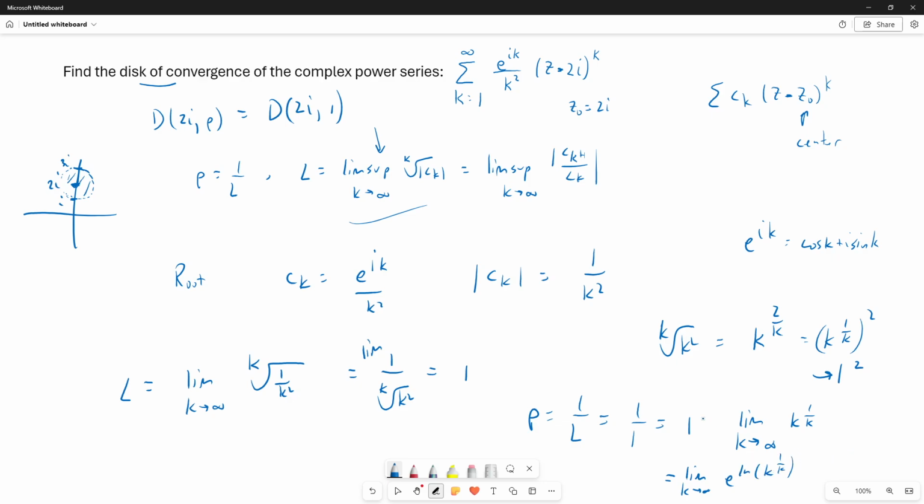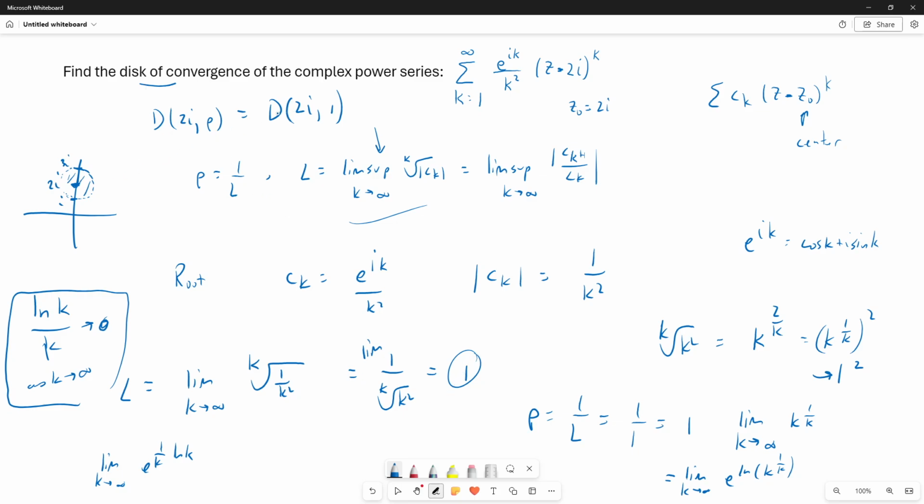The 1 over k comes to the front of the logarithm, and you get the limit as k goes to infinity of e to the power (1/k) log k, and this limit is 0 because k grows faster than log k. Log k over k goes to 0 as k goes to infinity. So this is e to the 0, which is 1.